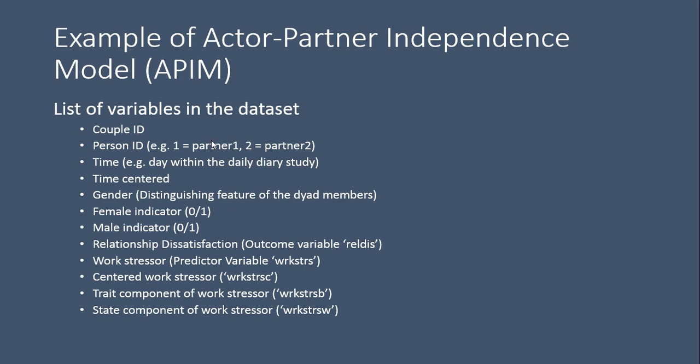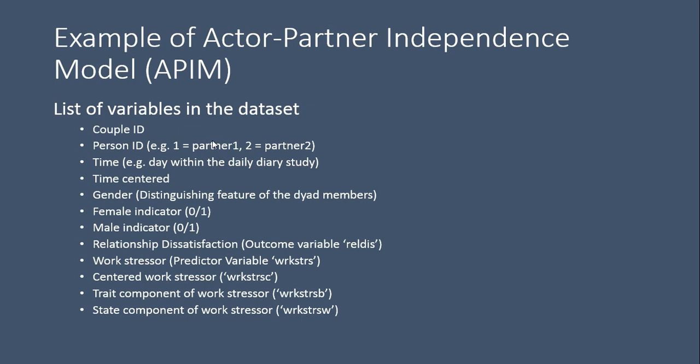Our outcome variable is the relationship dissatisfaction, on a scale of 1 to 10. Our predictor variable is the work stressor variable. The last three variables, centered work stressor, trait component of work stressor, and state component of work stressor, are already calculated values of work stressor.